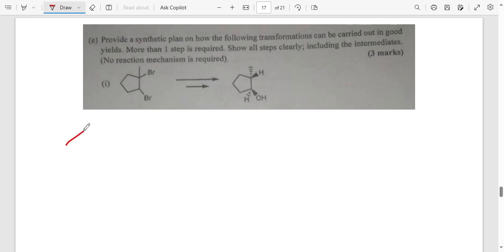If you remember what we did about this one, what was the first thing that we did? What did we do? Anyone that remembers? So the first thing involves the removal of the bromines.